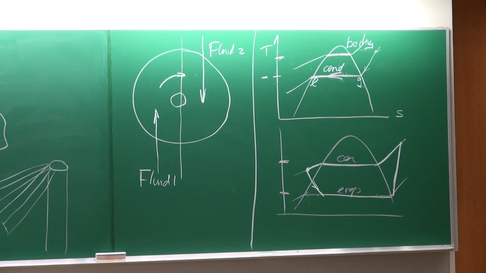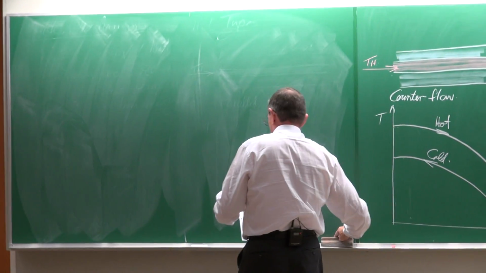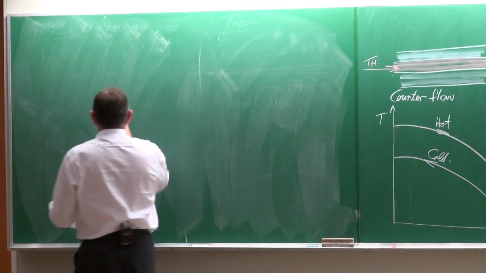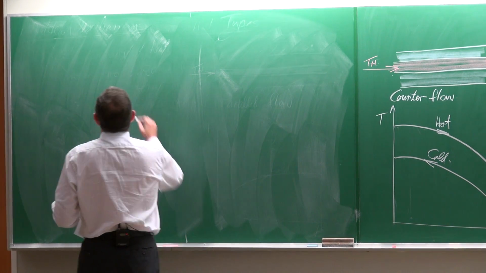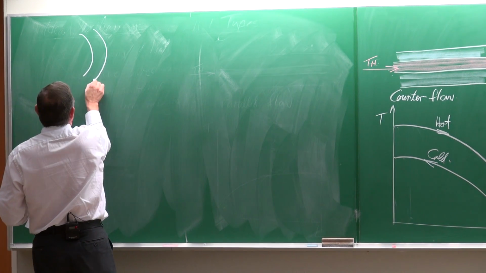So let's introduce what we've actually already known, but we're going to start applying it now to heat exchangers. Okay, let's suppose we have a part of a tube, and I'm just going to enlarge it now like that.